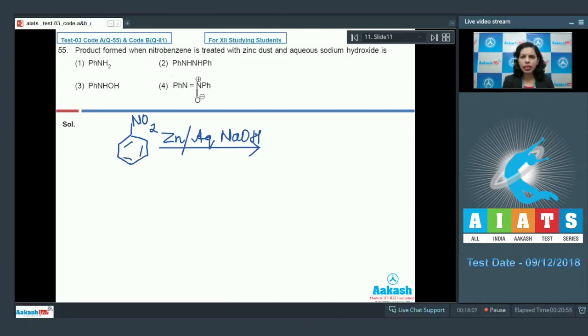And when this reaction takes place, hydrazobenzene is always formed. I'm just drawing the structure here. This would be the structure, and this can also be written in another form.